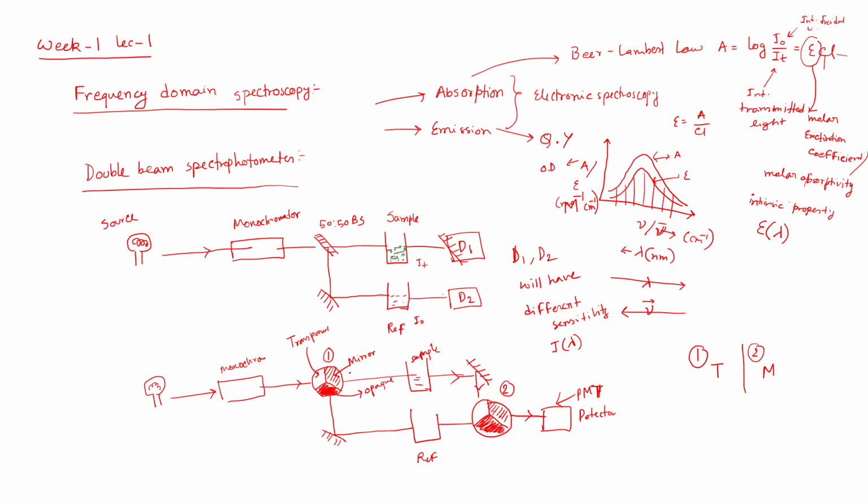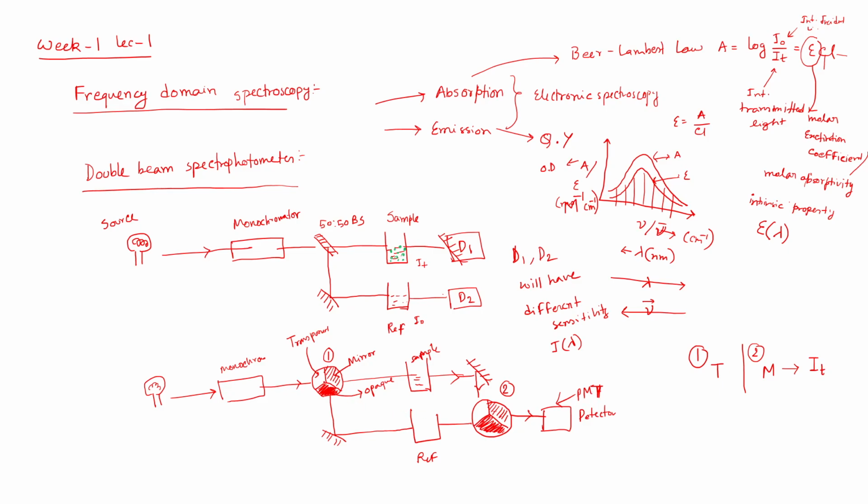I'll repeat myself: those two wheels are in a synchronized fashion. When the first wheel lets the light go, meaning the transparent part is there, the second wheel will be on the mirror side, and this will give me IT on the detector.